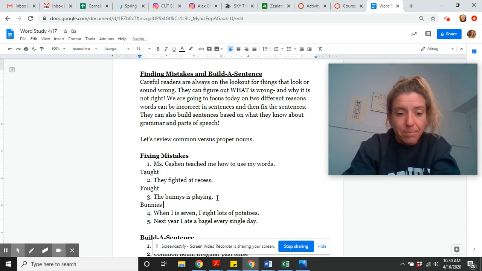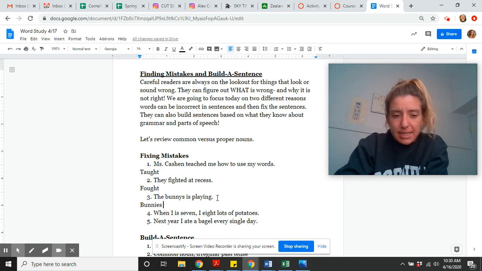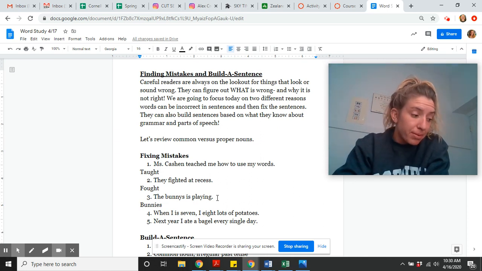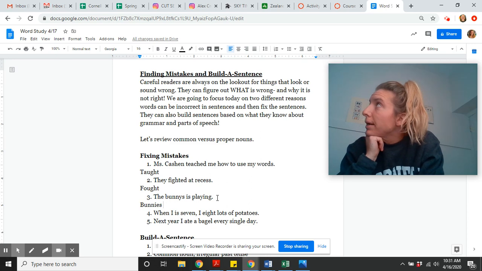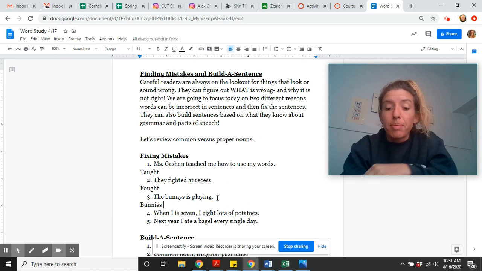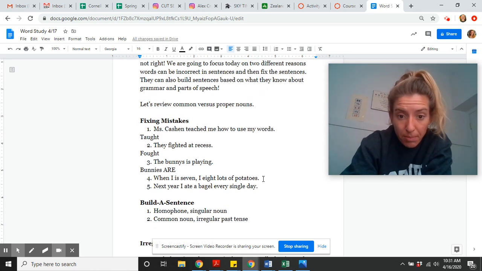So the first mistake is that it should be bunnies. But when I say that sentence again, the bunnies is playing, it sounds wrong to me. I wonder if that's because is is singular and bunnies is plural. It won't be the bunnies is playing, it'd be the bunny is playing. But if I have multiple bunnies, what would be the right verb? The bunnies are playing.